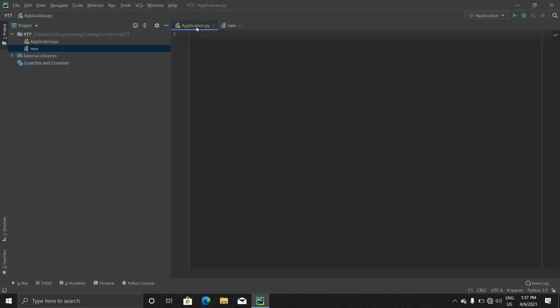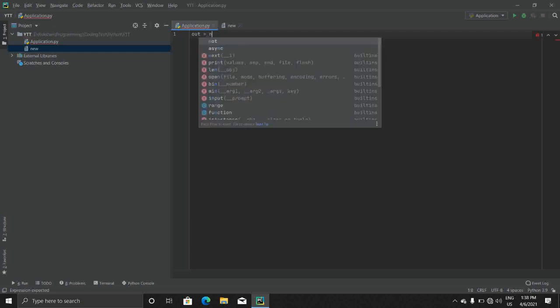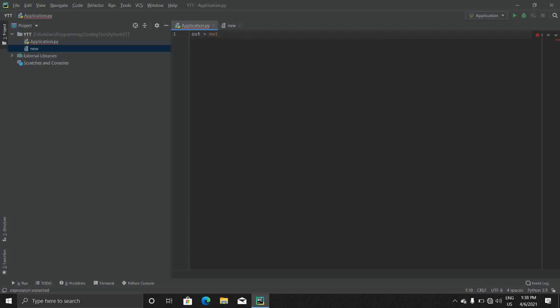Python program. First, let's see how to use the not Boolean operator in Python. I'm going to create a variable to hold our answer. Now let's use the not Boolean operator. Type not. This is a keyword, that's why PyCharm shows us that word in orange color.